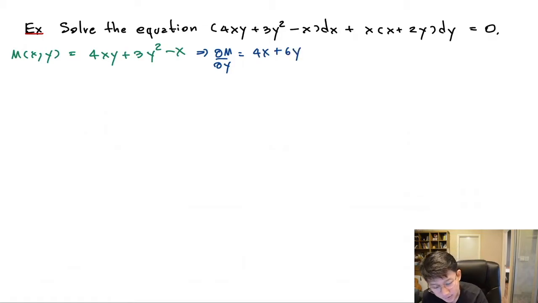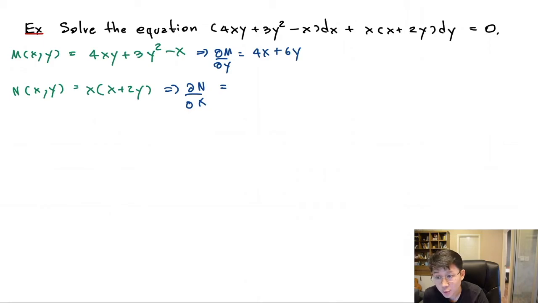Okay, and guys, N of x y, what is it? x squared plus 2xy. So dN by dx is, d of uv, right? u dv plus v du. So it's 2x, oops, sorry, 2x plus 2y. So it's actually 2x plus 2y.